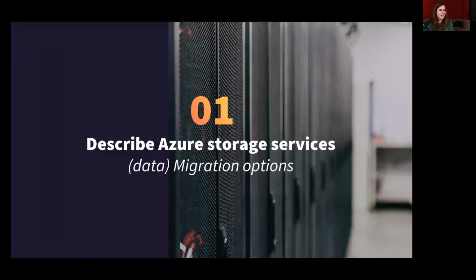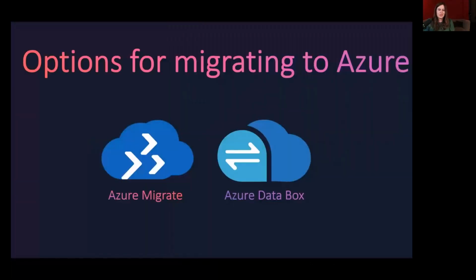Okay. So data, between brackets, migration options for migrating to Azure. You might be thinking to yourself, Lisa, this is nice and all, but I don't even know how to migrate to Azure. I might have a database on-premise somewhere, and how do I even get that to Azure?